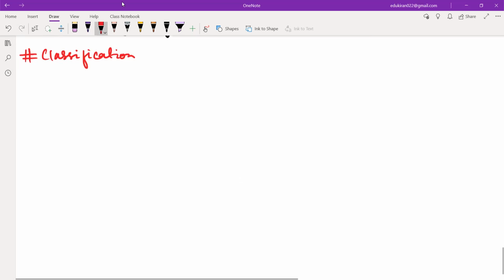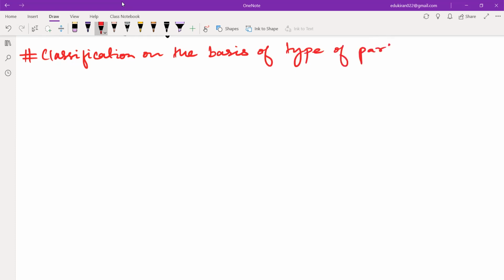Okay. Next is classification on the basis of type of particle. Particle of what? Of DP.